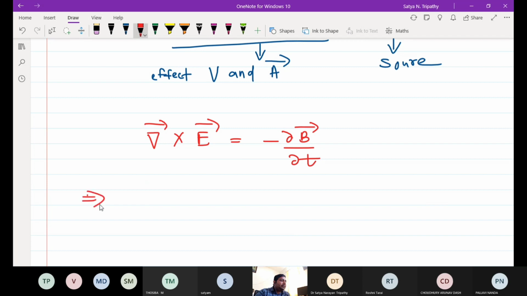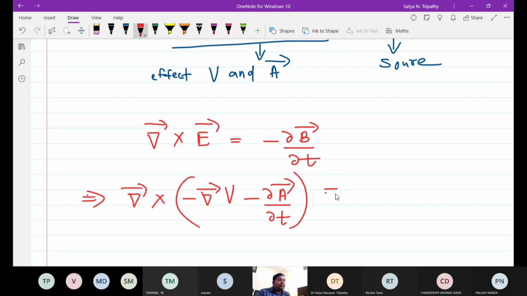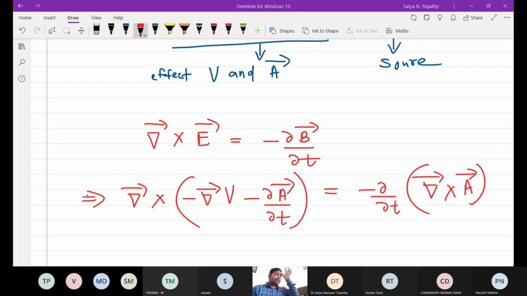That implies del cross E is basically minus grad of V minus dA by dt is equal to minus d by dt of del cross A. Equation 10.2.